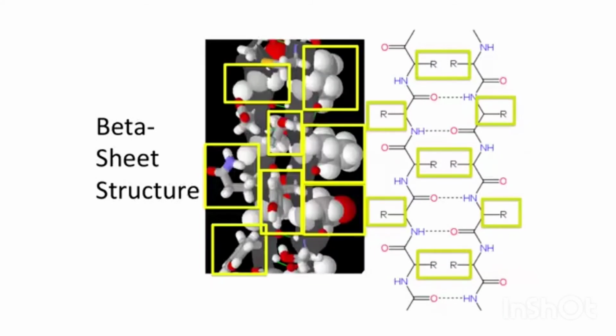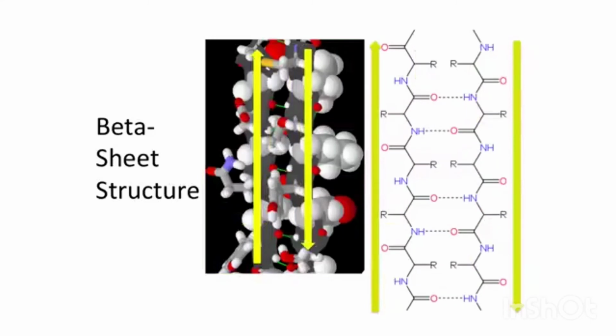And you can see that it's pretty crowded on the inside, so you're actually limited in the R groups that can be accommodated in a beta sheet. And if you have an extended beta sheet, you definitely have limitations, because the R groups on both sides of the strands have to be able to be accommodated within the small space. And you'll see that this is an anti-parallel structure.